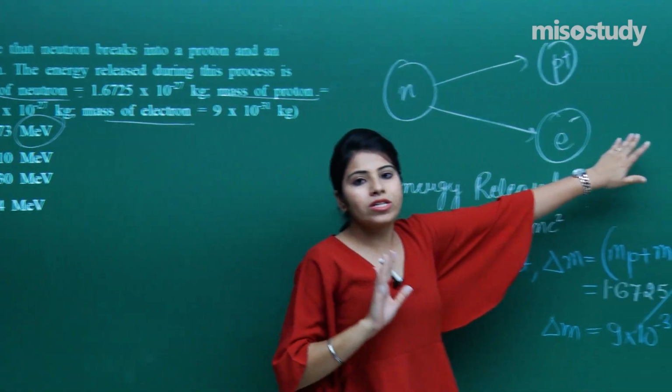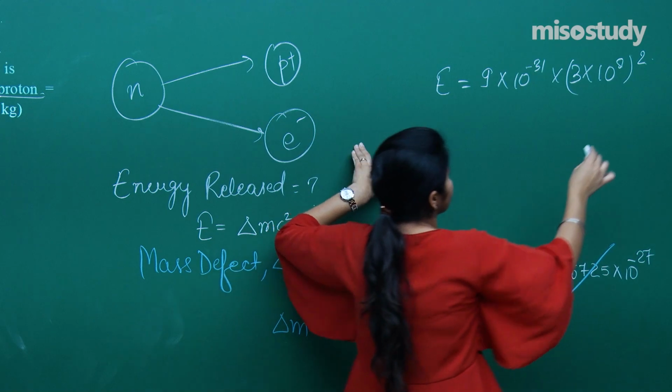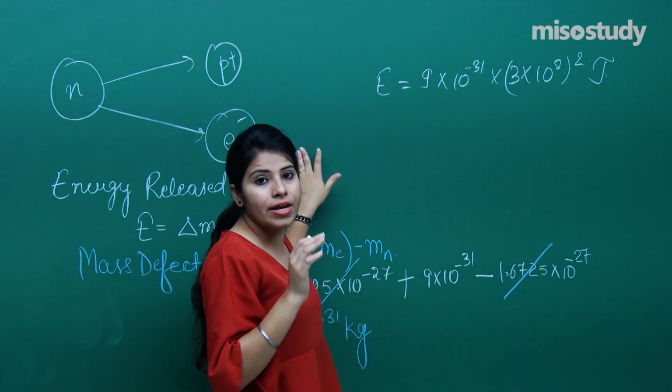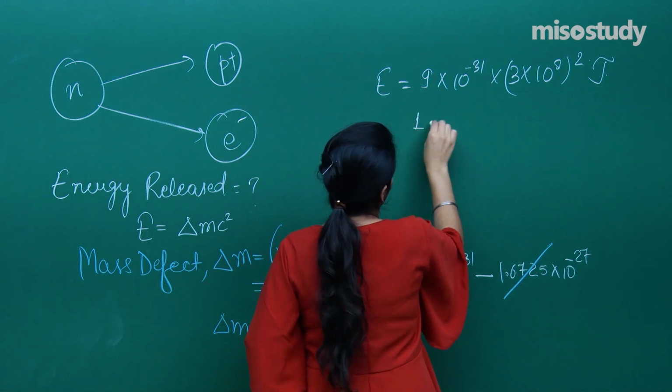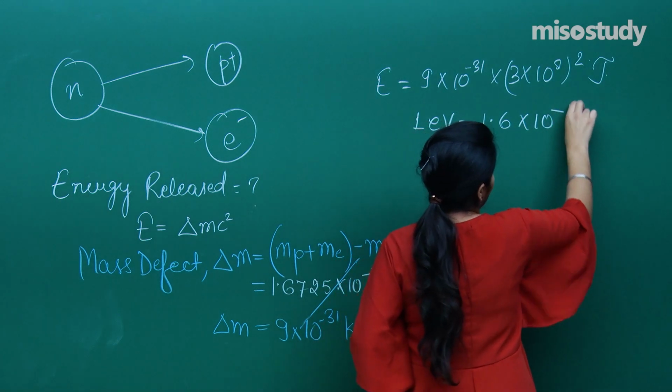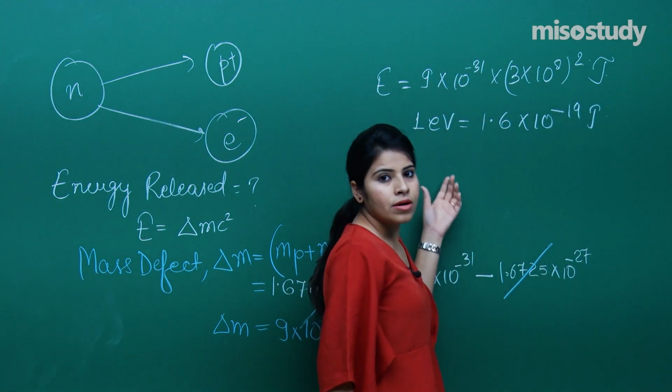So whatever the value is here, it will be in joule. If you want to convert it into electron volt, you can say that 1 electron volt equals 1.6 into 10 raised to the power minus 19 joule, right?